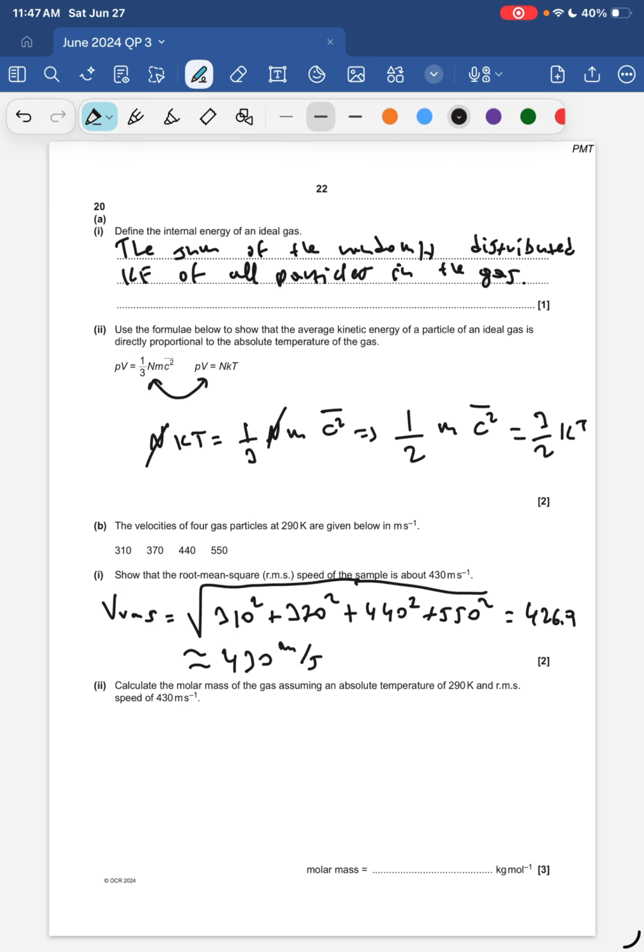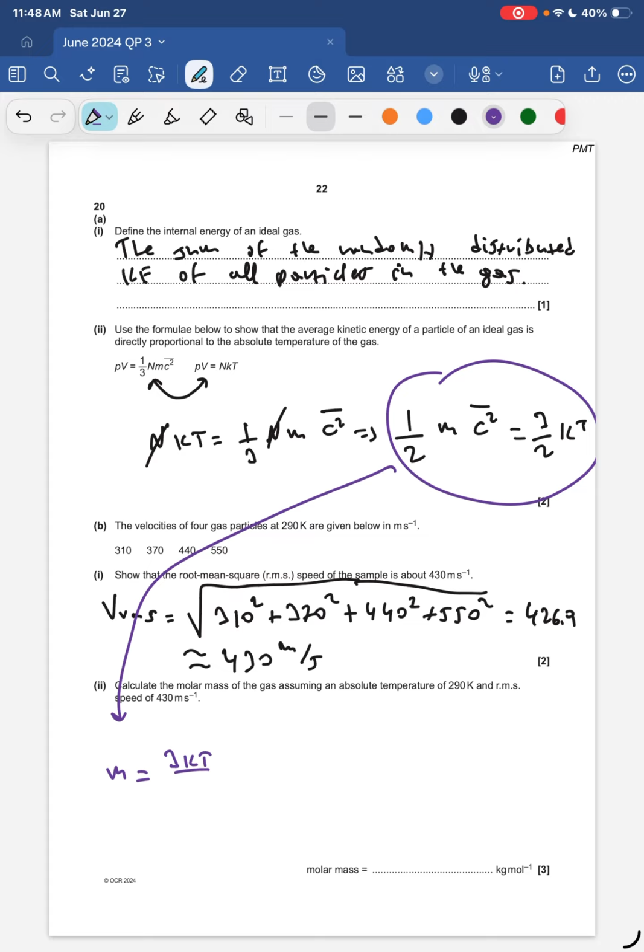2. Calculate the molar mass of the gas, assuming an absolute temperature of 290 Kelvin and RMS speed of 430. We will use what we just proved. So mass is 3kT over c squared.